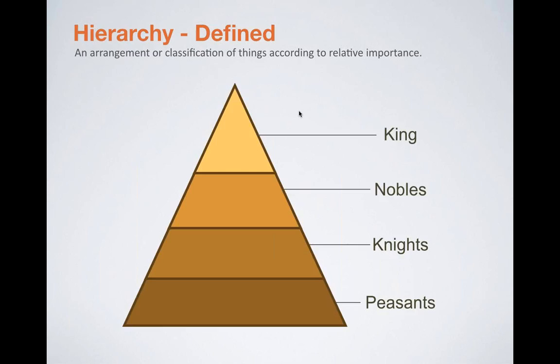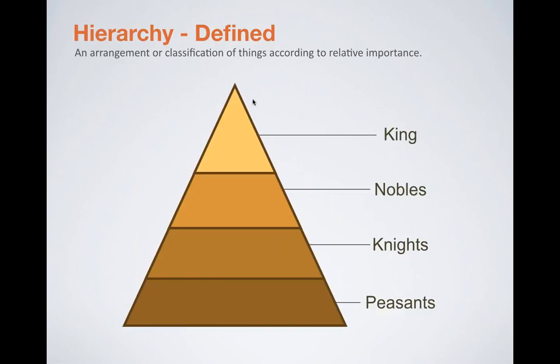Really quickly, I want to give a quick definition of what a hierarchy is. You guys might know this, but sometimes I'll see comments in the exploration activities and so on that make me realize that perhaps this is not a term that everybody has been exposed to. So a hierarchy is simply an ordering, a classification of things in their relative importance.